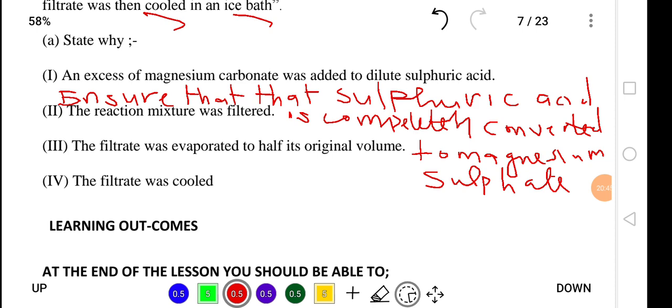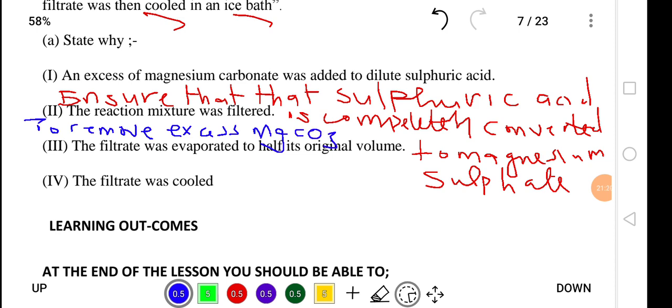The reaction mixture was filtered. This one is to remove excess magnesium carbonate.